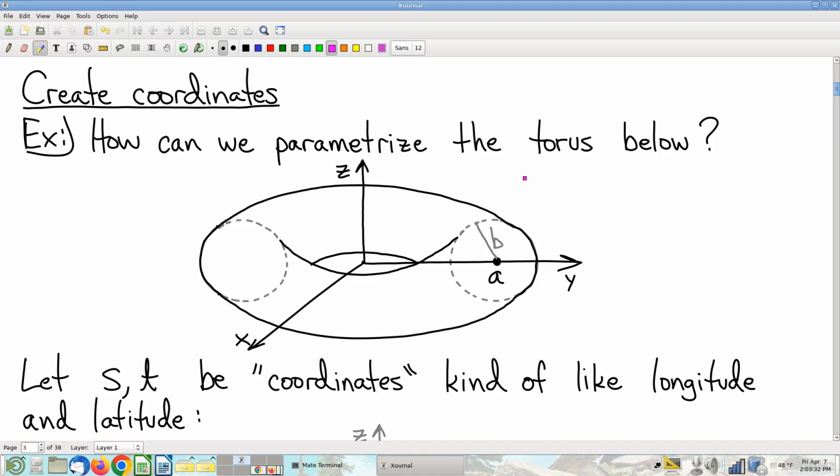Okay, here's the trick. Again, we want to make a coordinate system. Now let's think out loud here. If I lived on a planet that was this shape, how would we talk with each other about where we are on the surface of this torus? Think about longitude and latitude, for example.